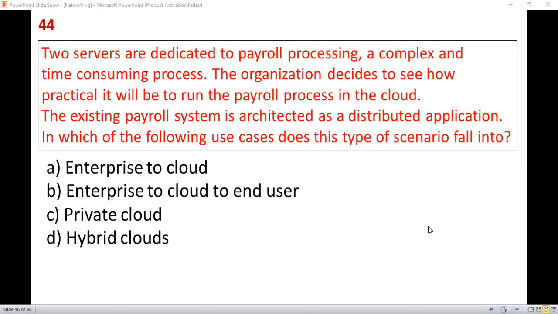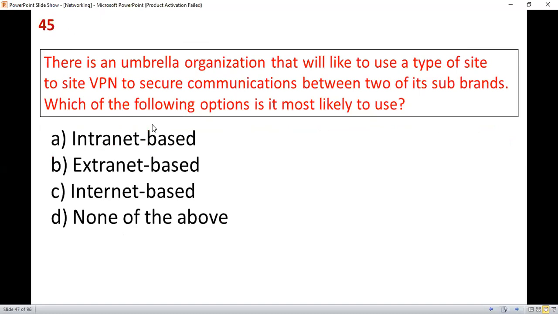All right. The next question is, you can see on your screen, there is an umbrella organization that would like to use a type of site to site VPN to secure communications between two of its sub brands. Which of the following options is most likely to use it?